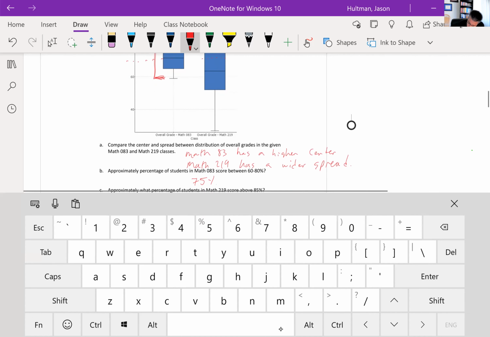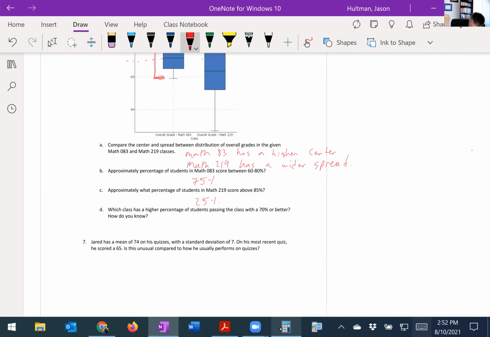So Math 83 has more passing, with 50% of the class.